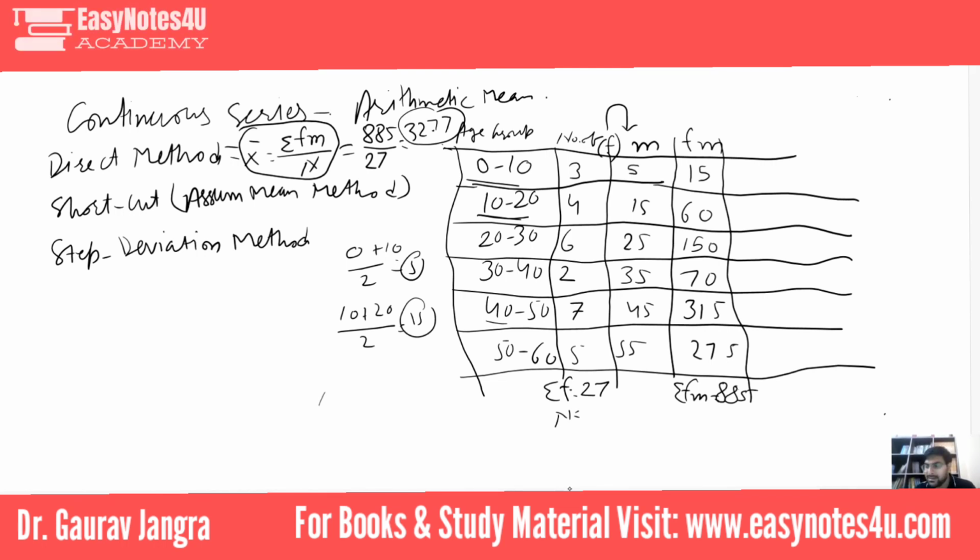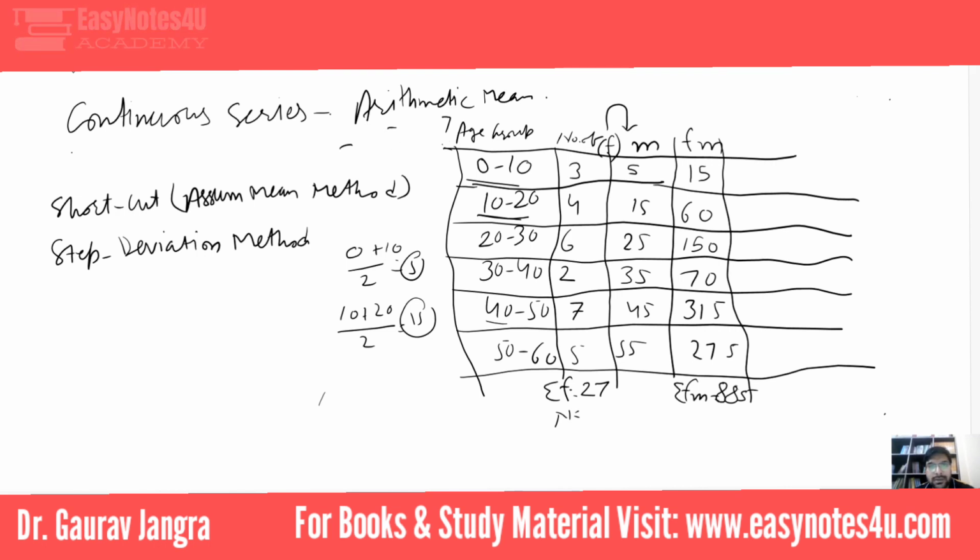In this assumed mean method, you have to assume any value as the mean. So how can you assume the value here? I am removing the other content which is not required. The direct method is already done, so I am removing this. Now we don't require this step.